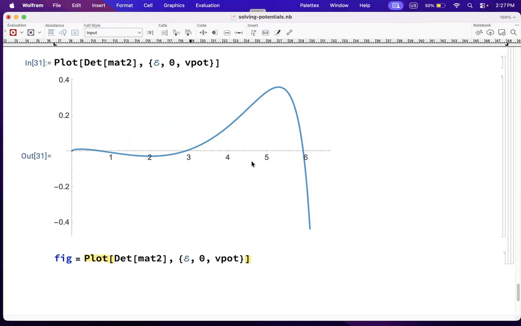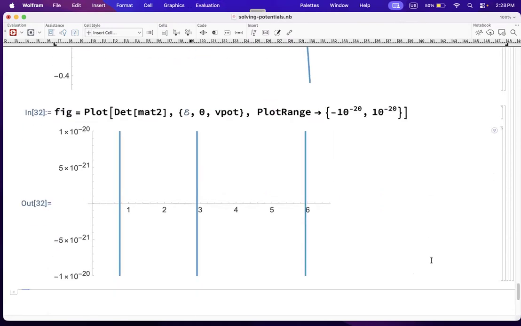So according to these plots, I'm going to put a comma, and I'm going to put PlotRange from minus 10 to minus 20, you see. I'm going to do a very high, then to minus 1. If you do this, I'm going to zoom this and you see what I'm going to get. So it means that the energy levels I'm looking for are this value, and this value, right?